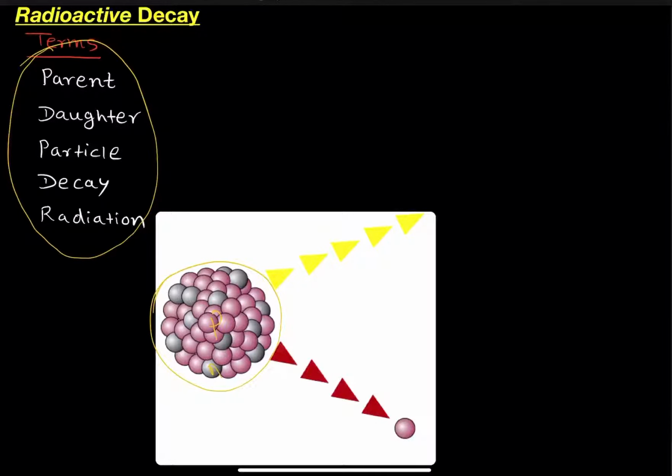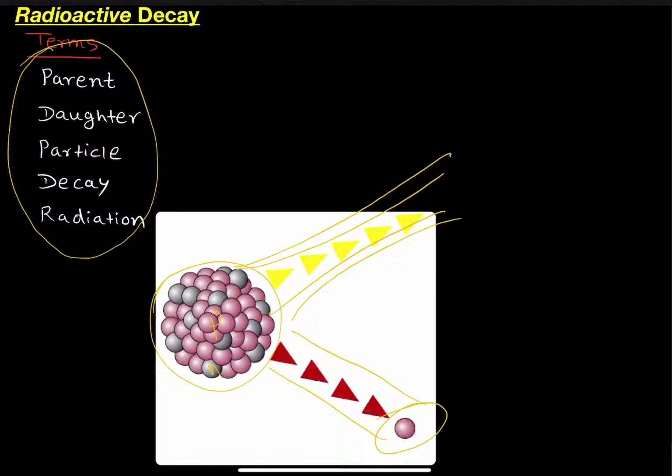Once this nuclei becomes unstable or very excited, it has to go to a stable conformation, right? During that process, you're going to release energy, and you're going to get some kind of particle right here. And that, my friend, is radioactive decay.